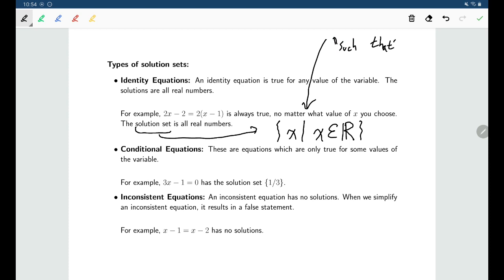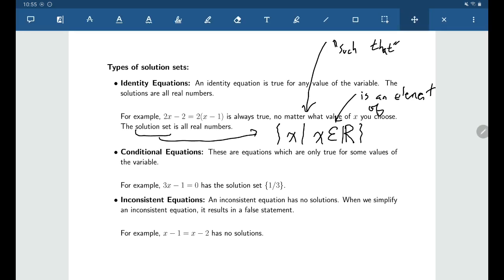So this is the collection of all x's such that x is an element of, or is a member of, and then capital R, that's the set of real numbers. Of course, if you just write in words, the solution set is all real numbers, that's also fine with me as well. I think it's good to see this notation because it does come up in other courses, so for future math work that you'll be doing, you may see this notation again, so good to get used to seeing it now.